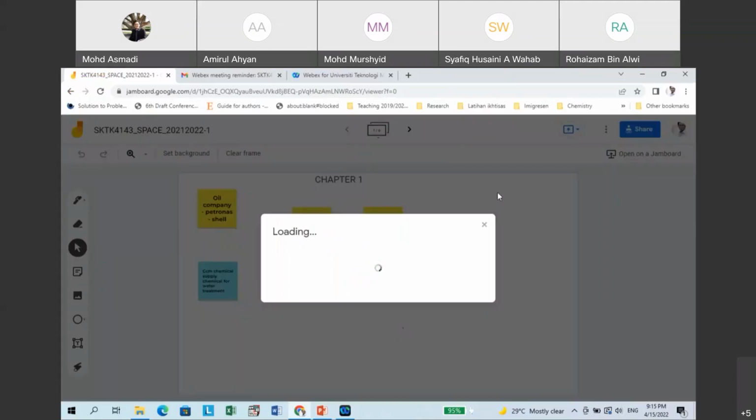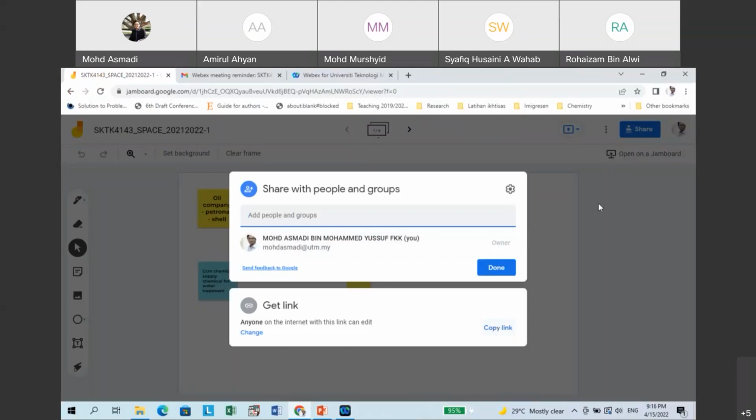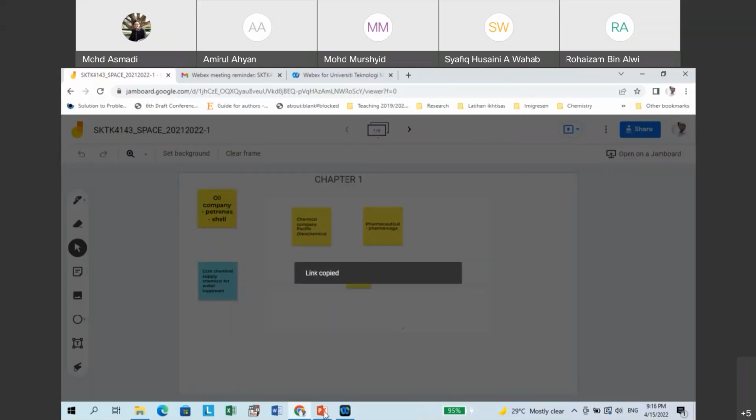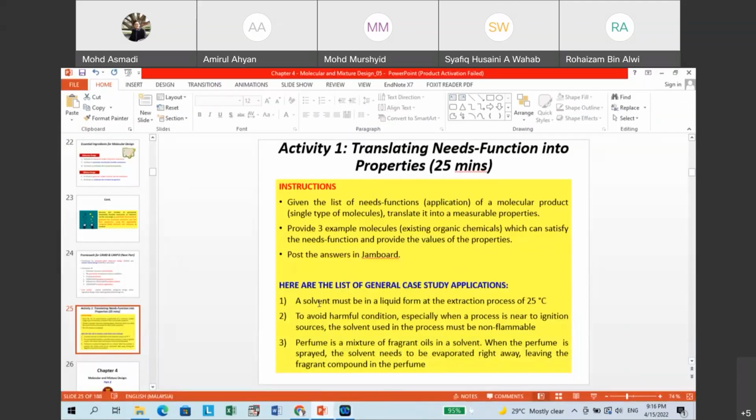Chapter 3, Activity 1. Kejap. Here are the list general case study application. The solvent must be in liquid form at the extraction process of 25 degrees C. Right.